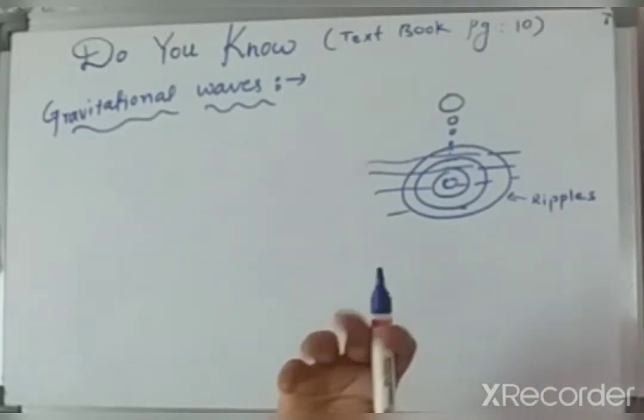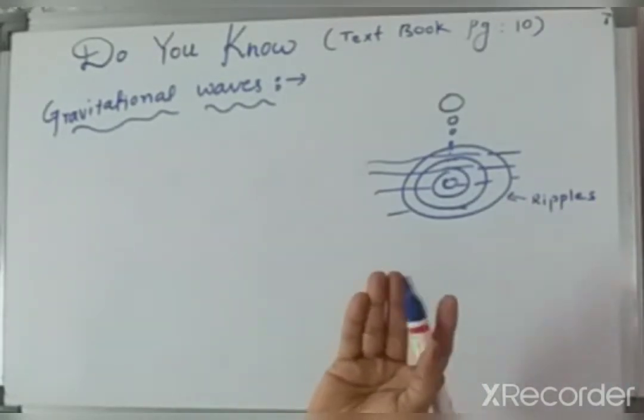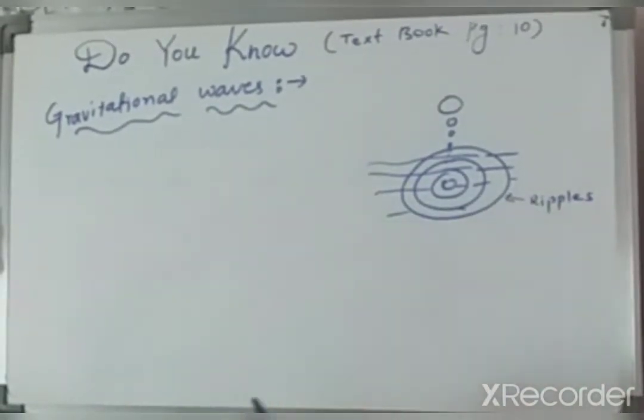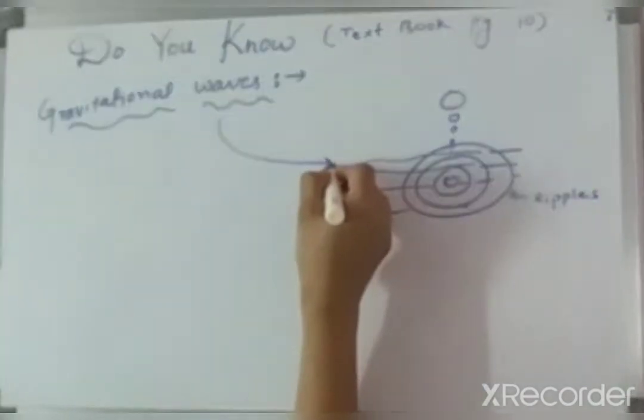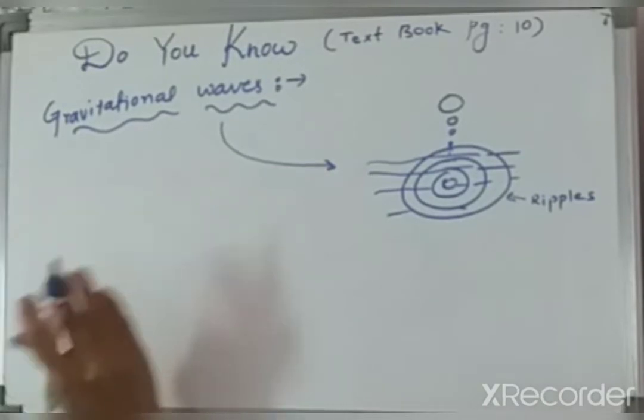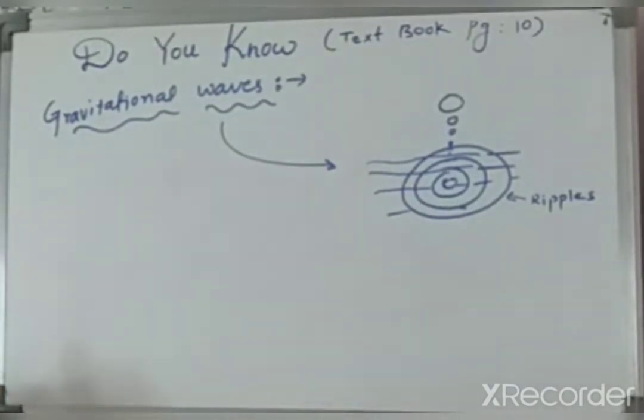So like this, ripples, concentric circles appear on the plane surface of water. So gravitational waves are nothing but this type of waves. We will discuss it shortly.